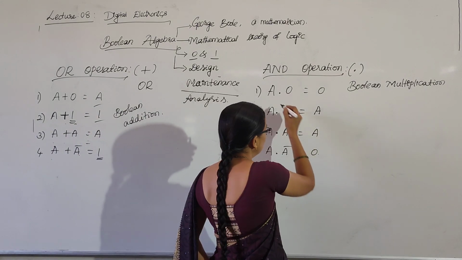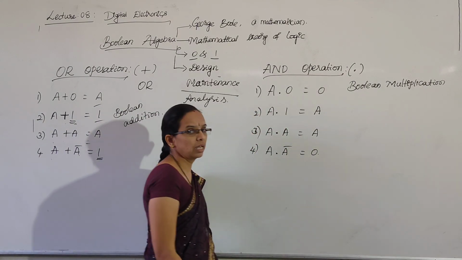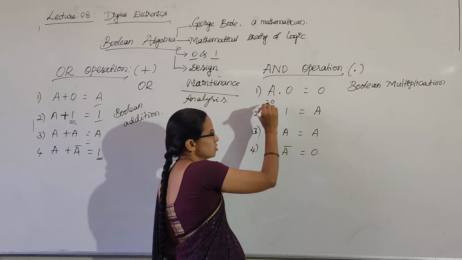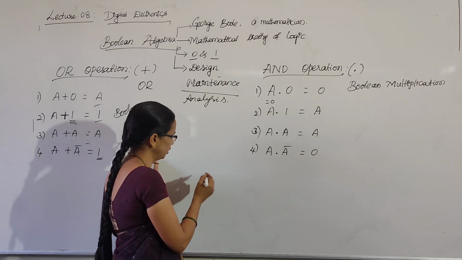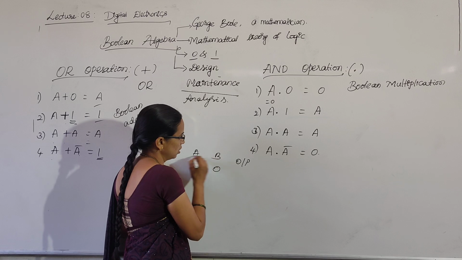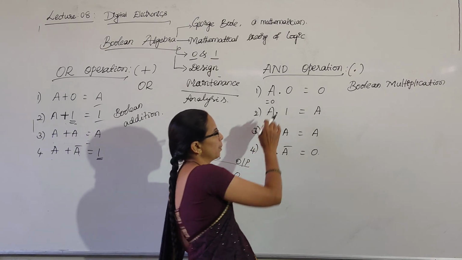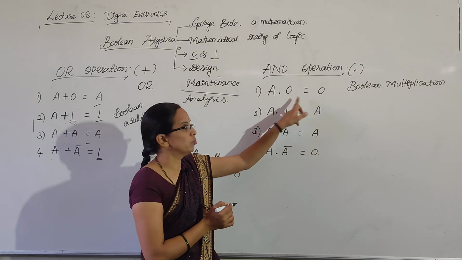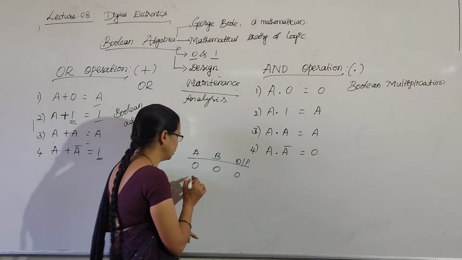Okay, here A dot 0 is 0. If you give A as 0, 0 and 0 is 0, output will be 0 only. If I make it 1, any one of the inputs being 0 means the output will be 0 in an AND gate.